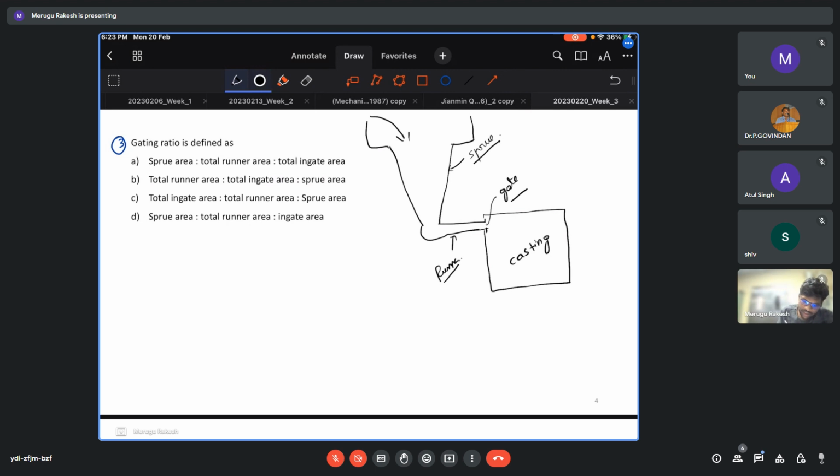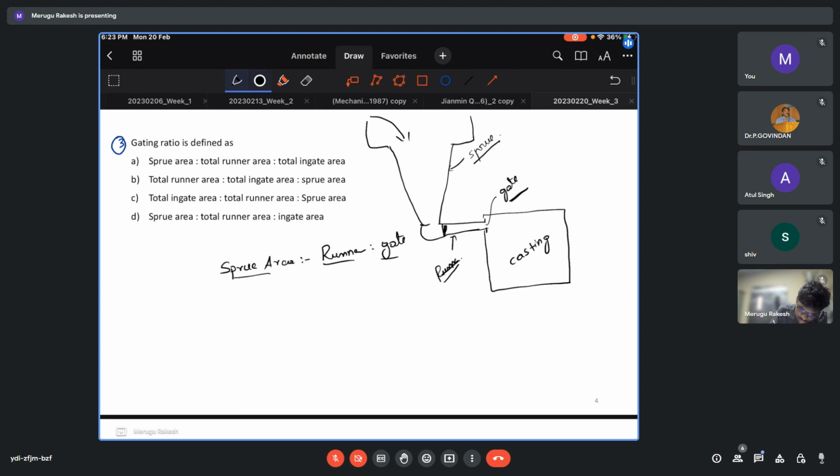Similarly, the gating ratio is also similar. It is the sprue area, then runner, then gate. Okay, this is the ratio we follow. That is this gate area, this runner area, as well as this.